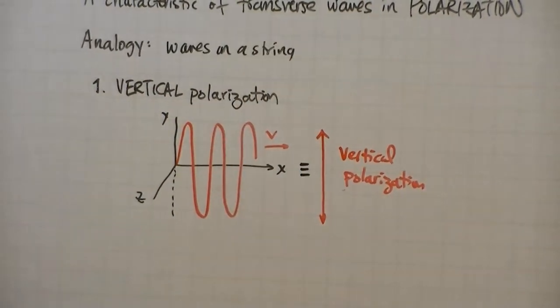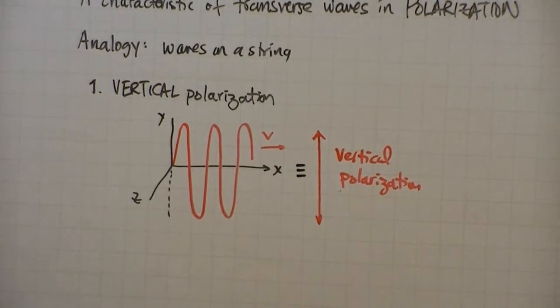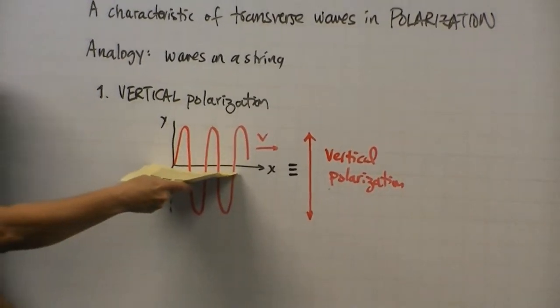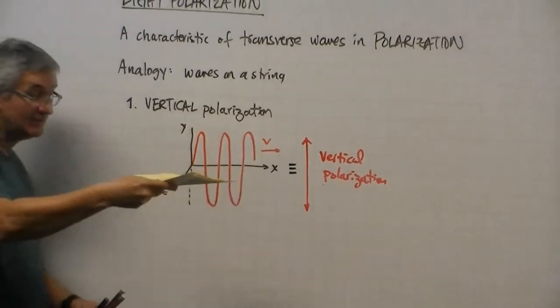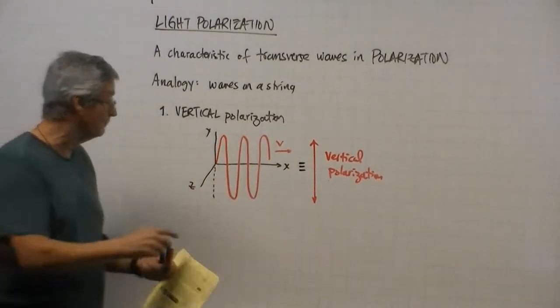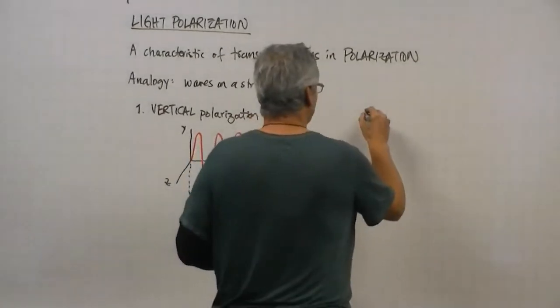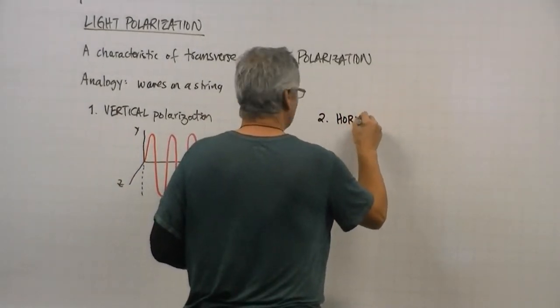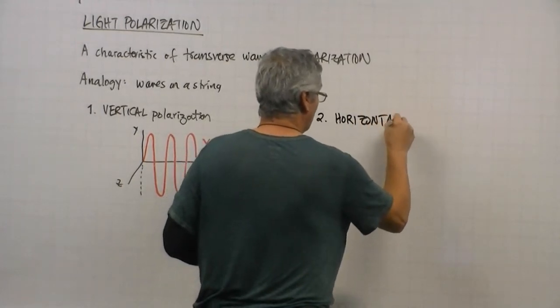Now, the second kind of polarization that we could have, instead of it being vertical, it could be actually horizontal like this, so that the wave is actually oscillating along this plane here. So if I look at the second possibility, we call this horizontal polarization.